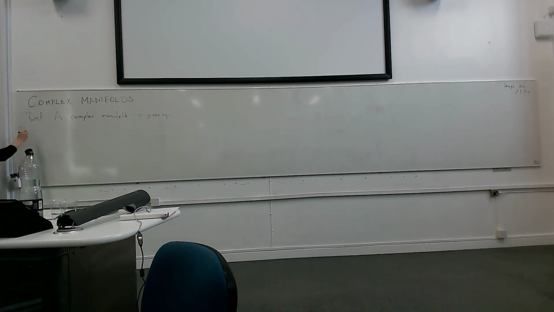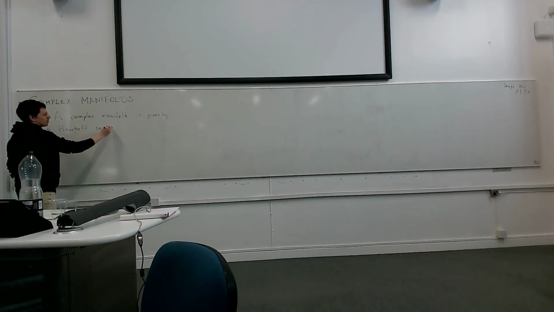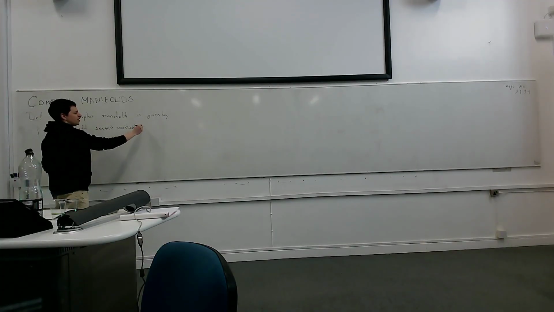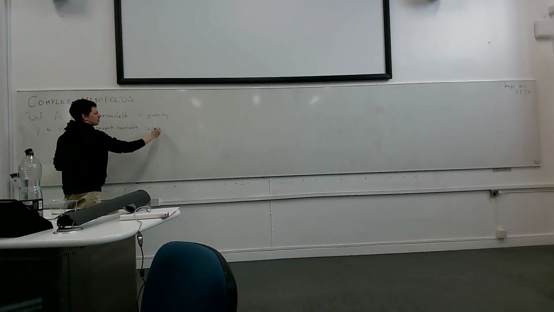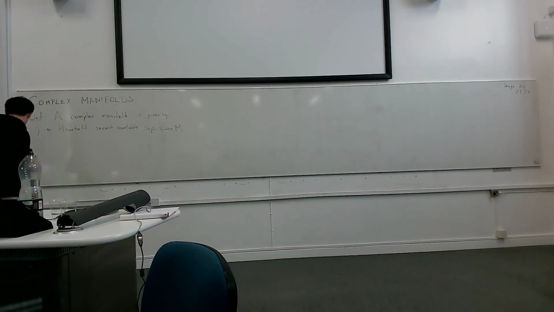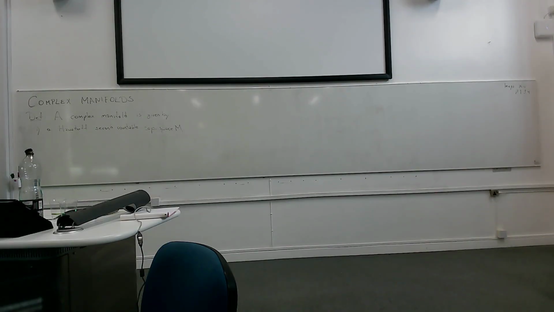First, we need a topological manifold. So this is a Hausdorff, second countable topological space, say M. Can you read? Okay.